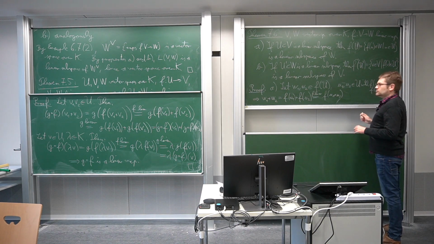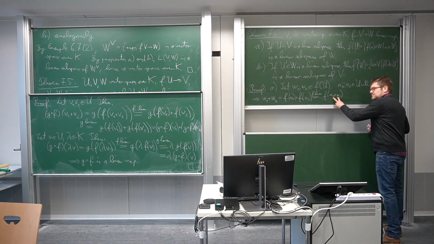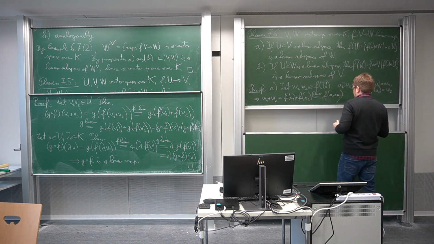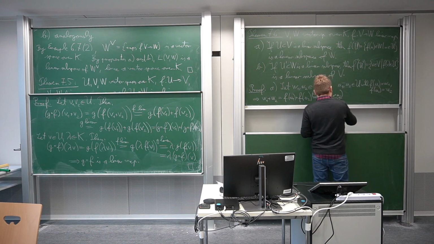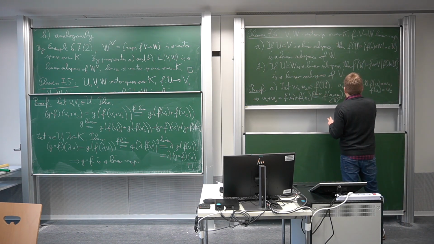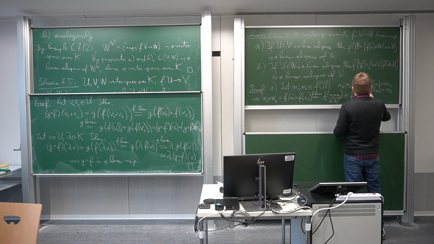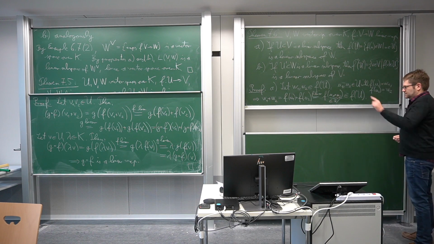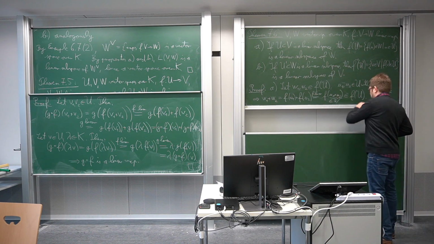But now, since U is a linear subspace, this sum of these two elements needs, again, to be an element of U. So this is an element of U by the linear subspace property. So this point lies in f of U, which we wanted to show. So the sum of these elements lies again in f of U.